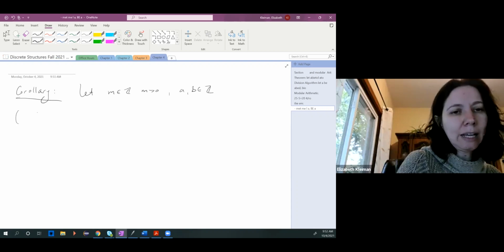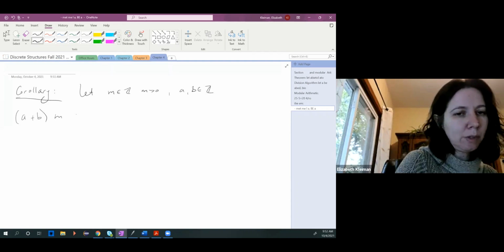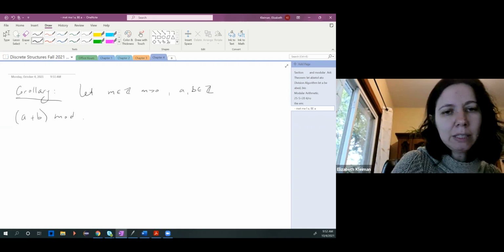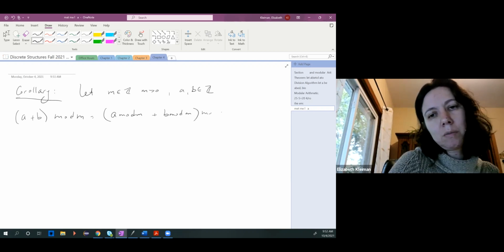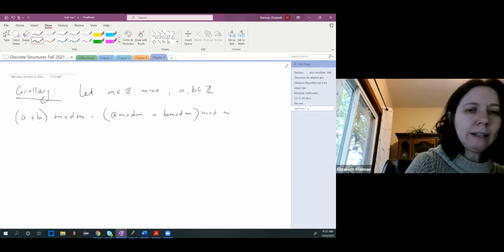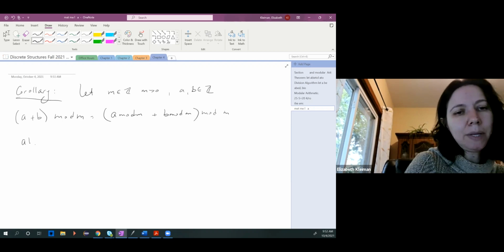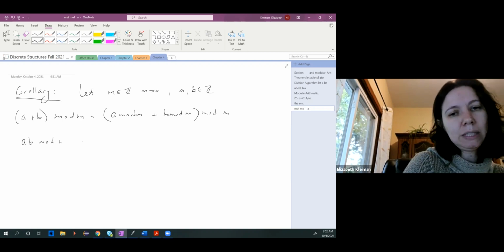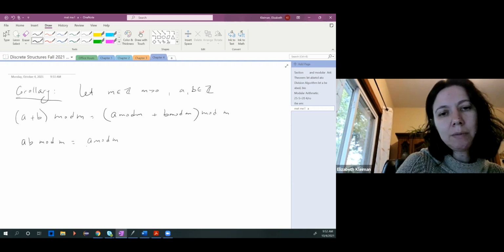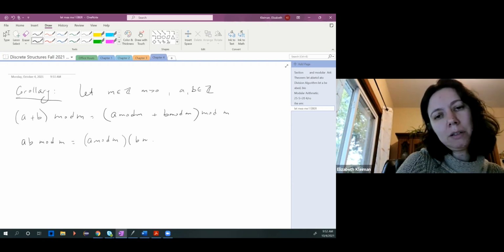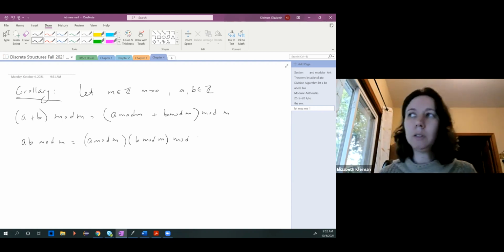Then I'm saying A plus B mod M is the same as doing A mod M plus B mod M, then mod M, and then AB mod M is the same as A mod M multiplied by B mod M, and then mod M on all of it.